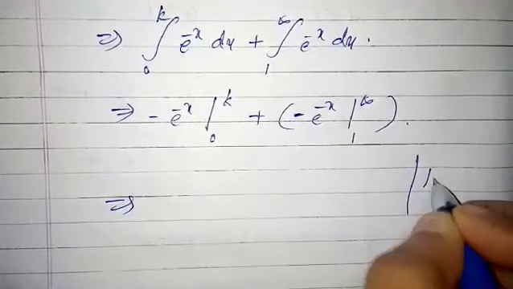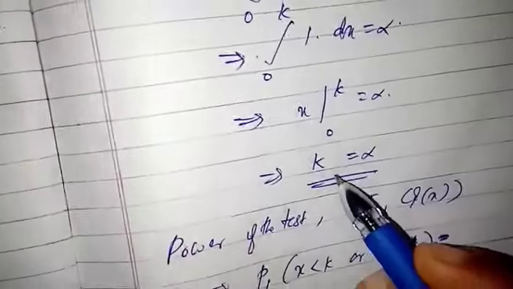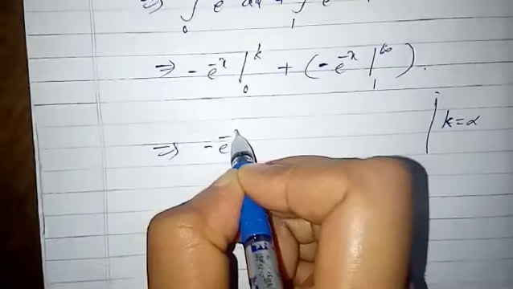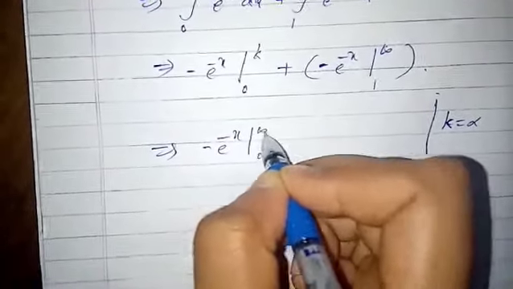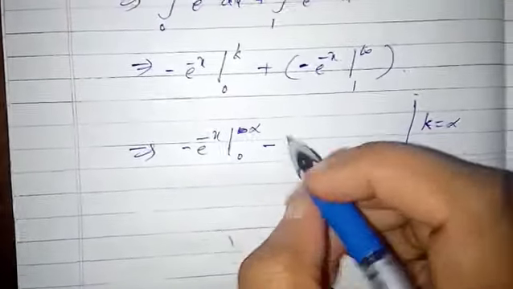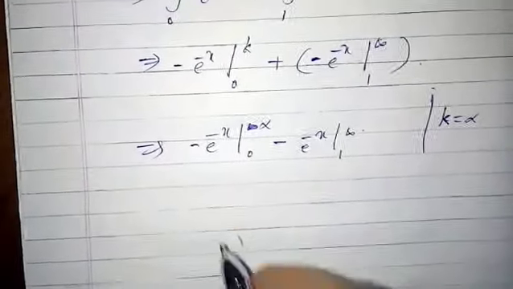We know k equals alpha from the size of the test, so we can write minus e power minus x from 0 to alpha, minus e power minus x from 1 to infinity.